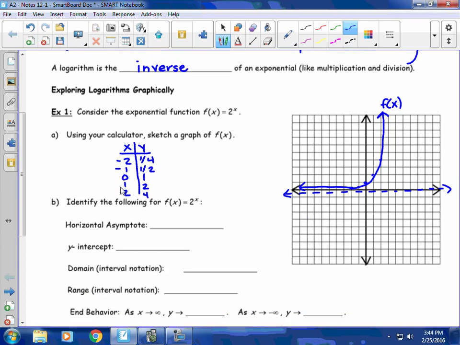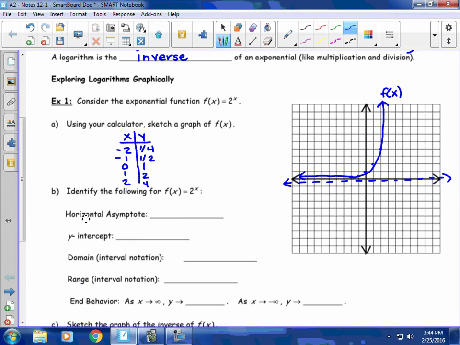Okay, and then if we answer these questions down here, we just said the horizontal asymptote is where? Y equals 0. Y-intercept, we always know the y-intercept is happening when x is 0. You know the y-intercept of every exponential parent function is always 0, 1. Okay, domain in interval notation.